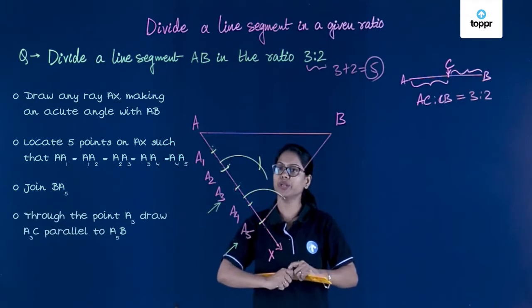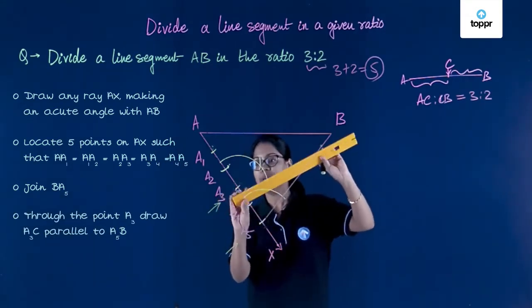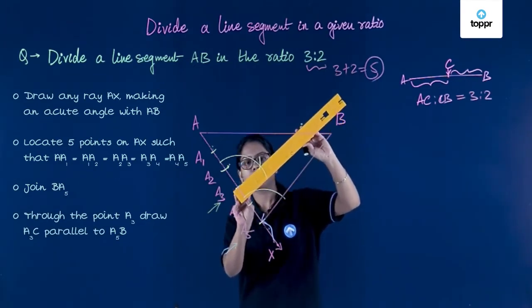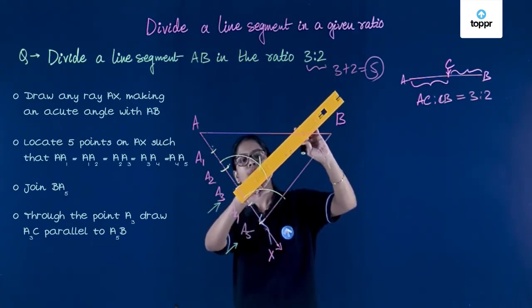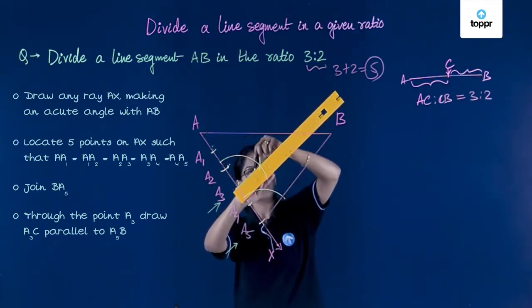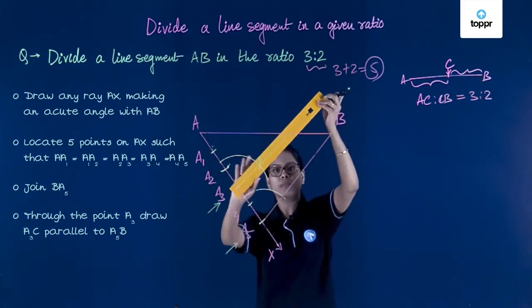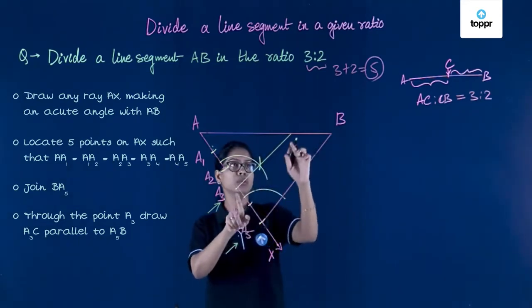step would be joining the point of intersection of the arcs to the point A3. A3 is where we wanted the parallel lines. So this line is parallel to that.